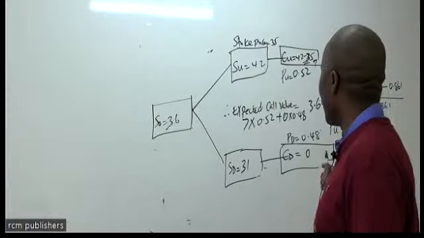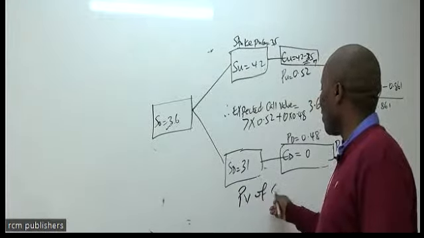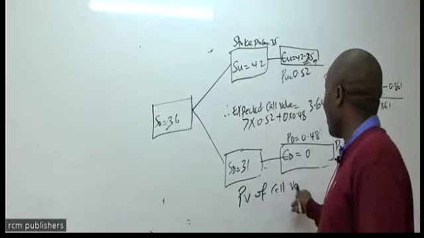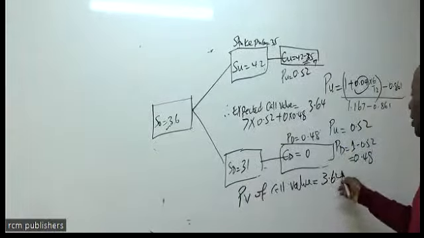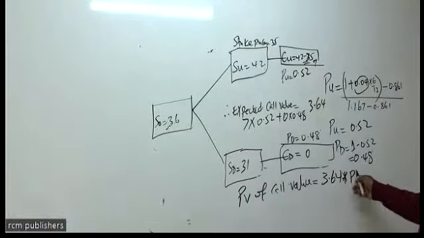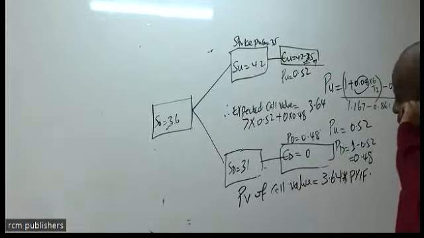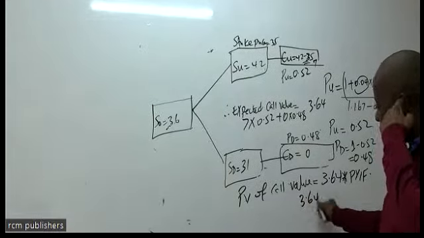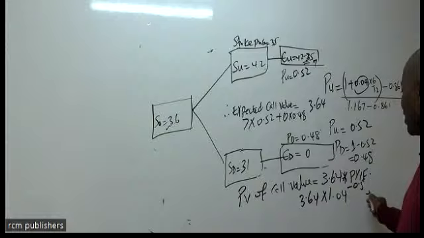So there we are. So come and give us the present value of the call value. It will be 3.64 times PV, which will be 3.64 times 1.04 raised to negative 0.5.